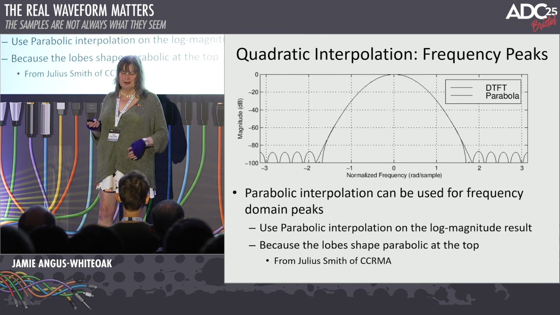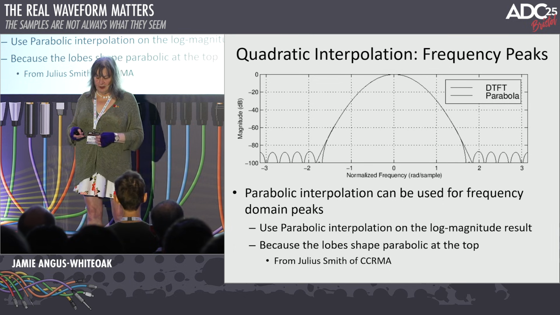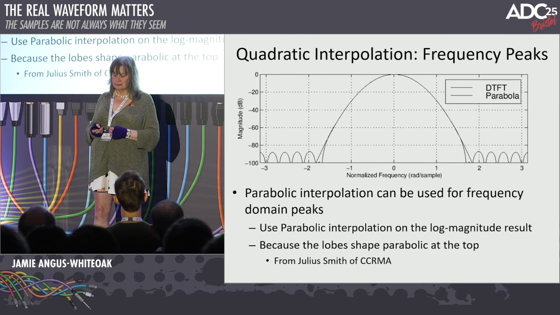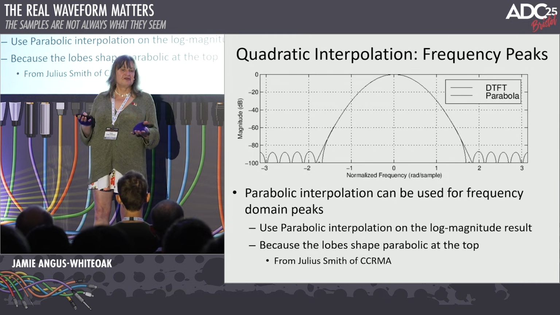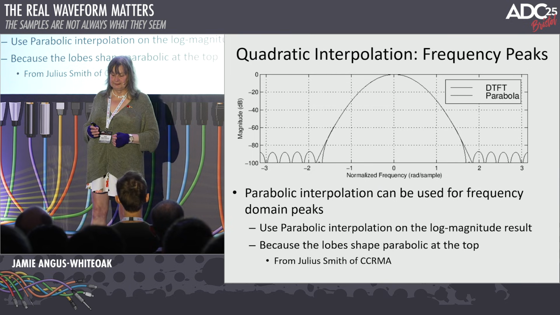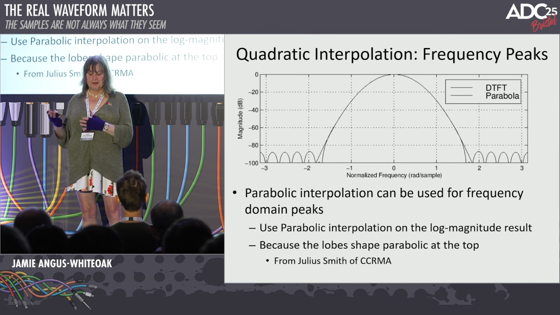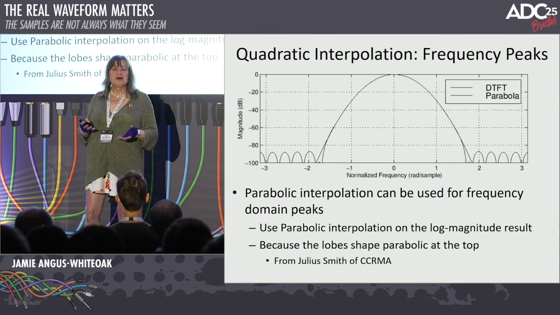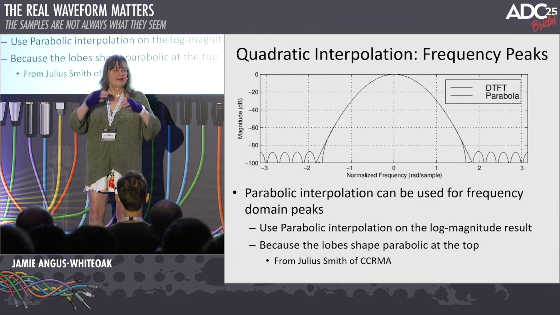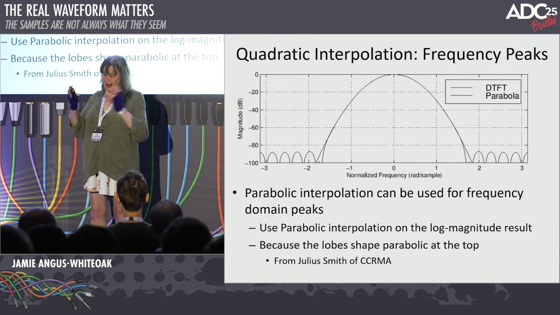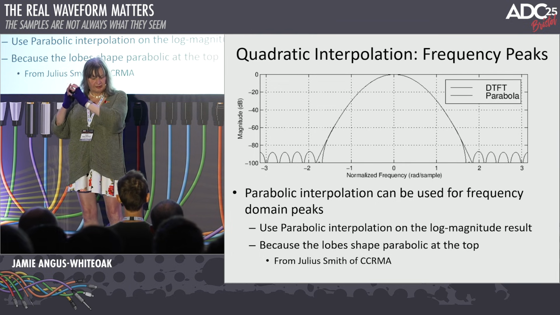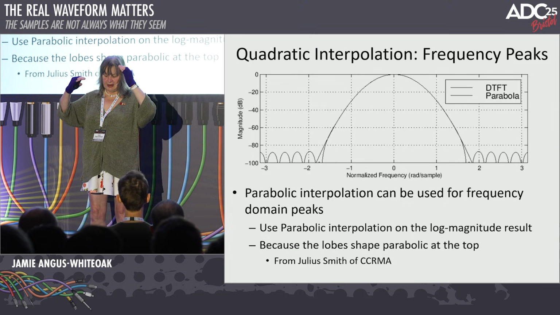It was Julius Smith of CCRMA who came up with that idea. So, parabolic or quadratic interpolation of frequency peaks. Again, a fairly quick and accurate way of filling the gaps between the samples to get the true peak rather than what the samples tell you.